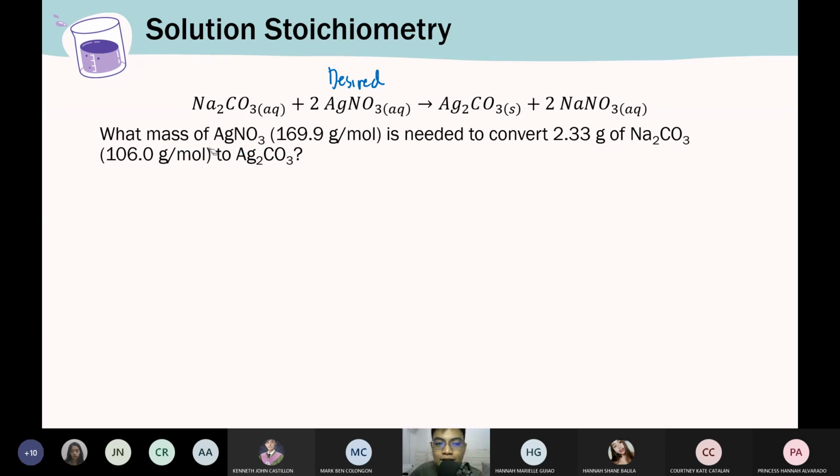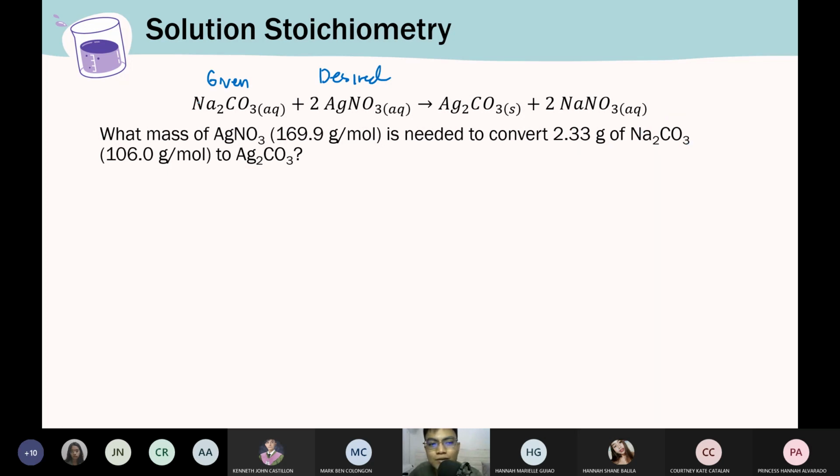So, this is your desired, right? Tapos, ano yung given yung substance? Ito. So, ito yung given. Ito yung desired. Okay? So, ganun lang. Yung silver carbonate, sinabi lang yan. Okay? Minsan panglito lang yan. Okay? But you should be able to distinguish what is given, what is the desired.